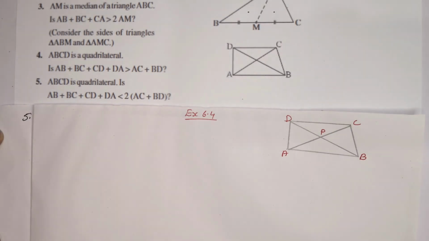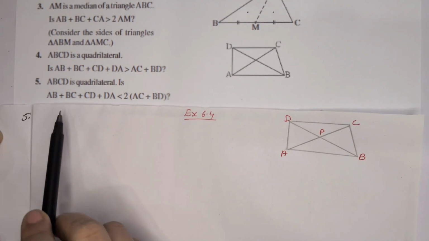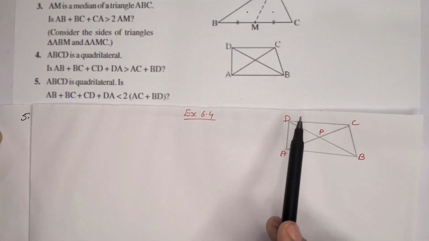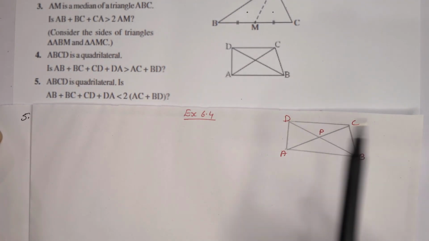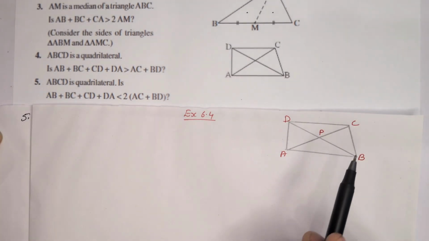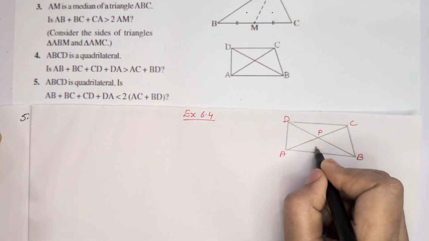Question number 5. ABCD is a quadrilateral. Is AB plus BC plus CD plus DA, that means the sum of all four sides, less than 2 times the diagonals AC and BD? For that, we can take each triangle. This is the first triangle.